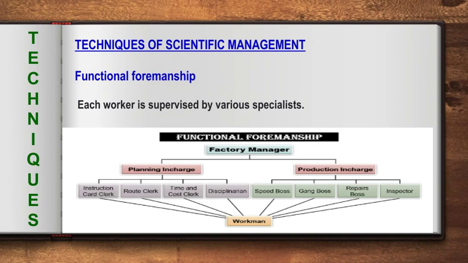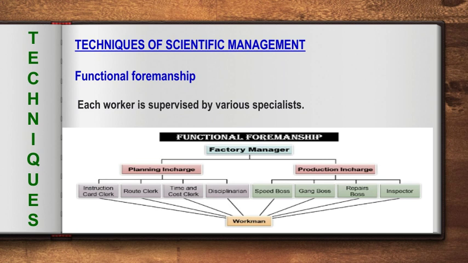A foreman is a person who supervises and directs the workers. He supervises the work that is done by the workers. Functional foremanship means that every foreman will be in charge of a particular function. This is called functional foremanship.